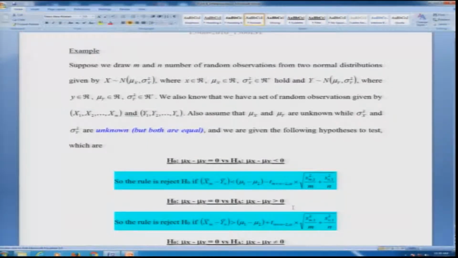Now, as I mentioned, suppose we draw m and n observations from 2 different populations, trying to find out the difference in the population means, and we do not have the population means. So you use the sample means, but the only thing is that the population variances are unknown and they are unequal.